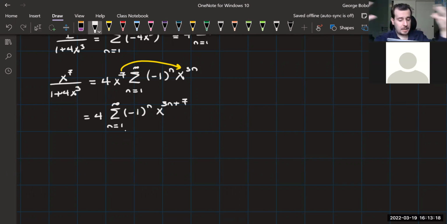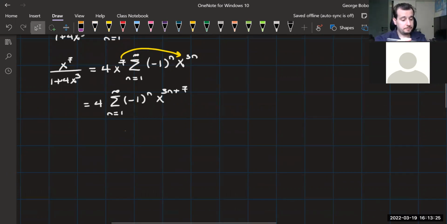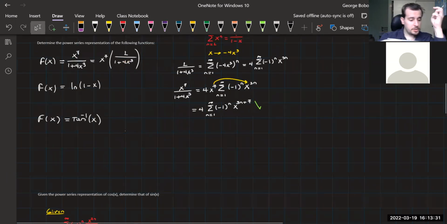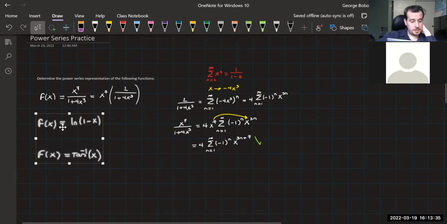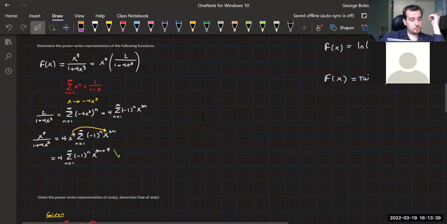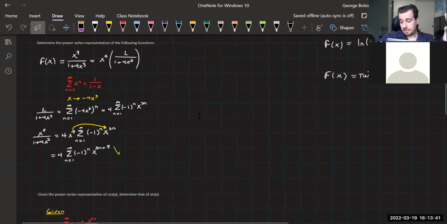So we literally add the powers together. So 3n that was inside, and then plus the 7 that's sitting on the outside right now. And that is the end. That is how quickly you can get the representation. Okay. I'll put that over here so that you can see it. Mm-hmm. That's it.